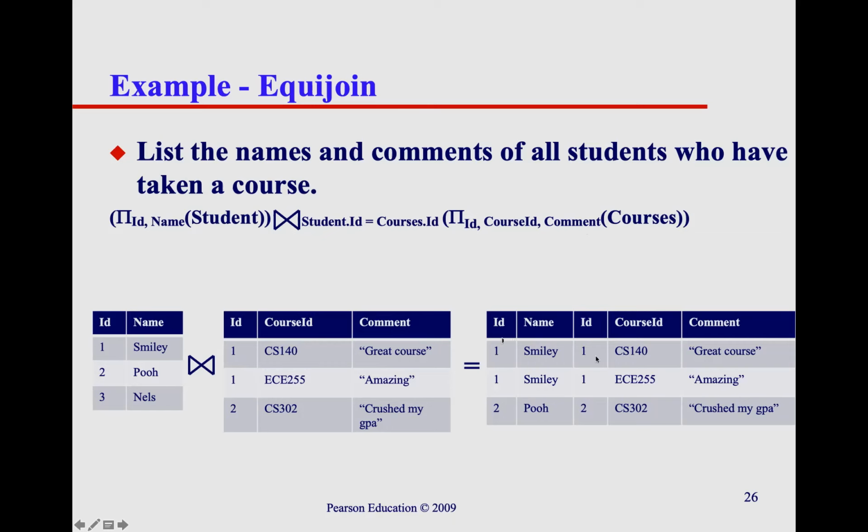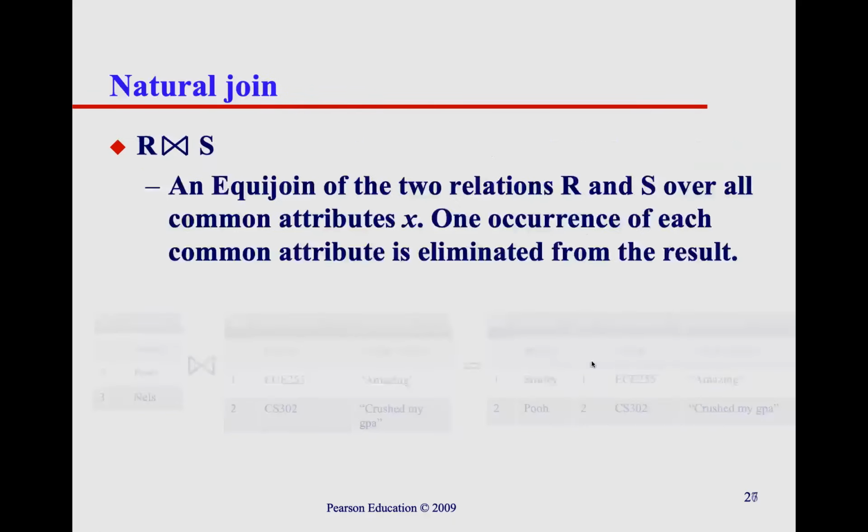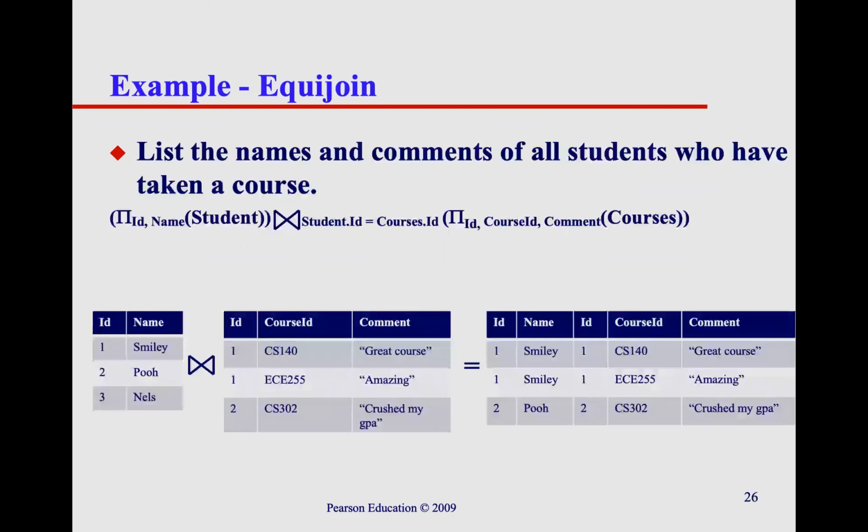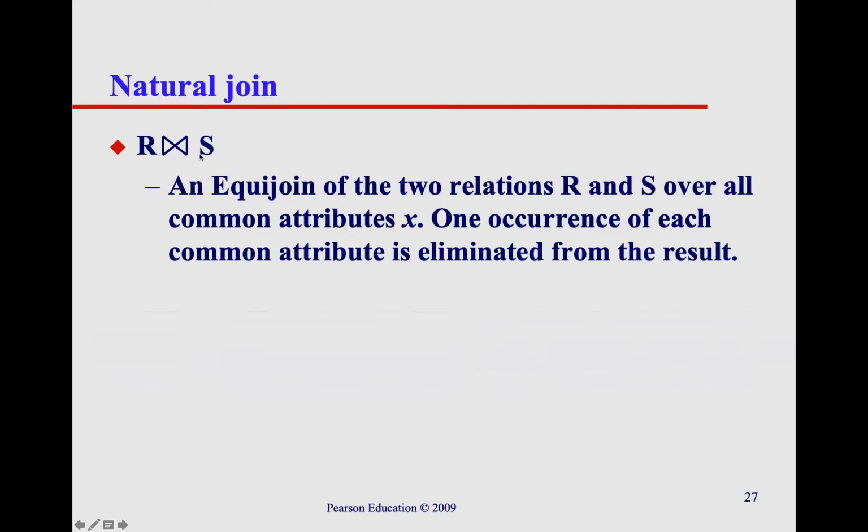So I actually should have removed one of the two IDs here because equijoin is not supposed to duplicate the join column. Okay, with a natural join, you remove the equality condition because you're now saying we're doing an equijoin on all columns with the same name. So sometimes you have to list it out explicitly, but if you do not explicitly list the join condition, it's assumed to be a natural join.